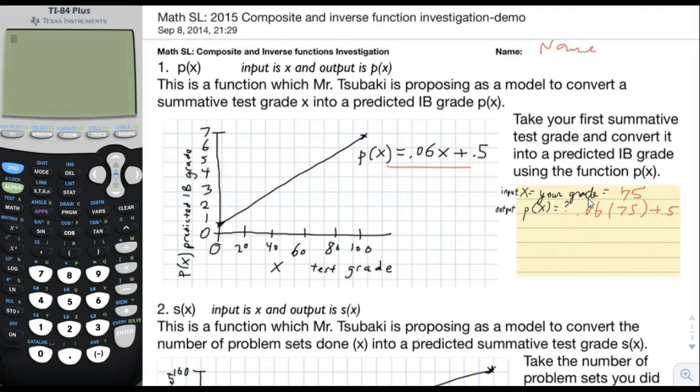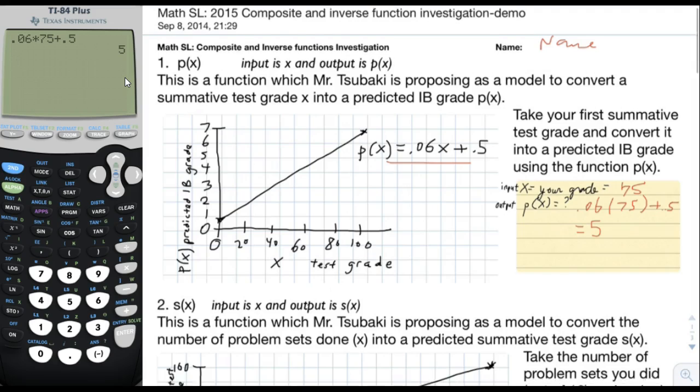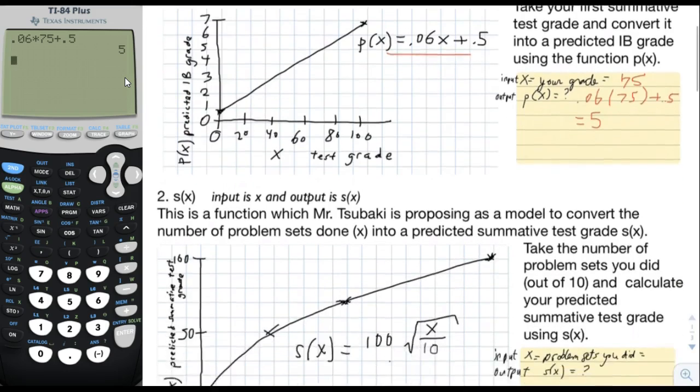Maybe you're going to have to use your calculator. So I'm going to put 0.06 times 75 plus 0.5, and I get 5. So my predicted IB grade is a 5, based on my summative test grade of 75.